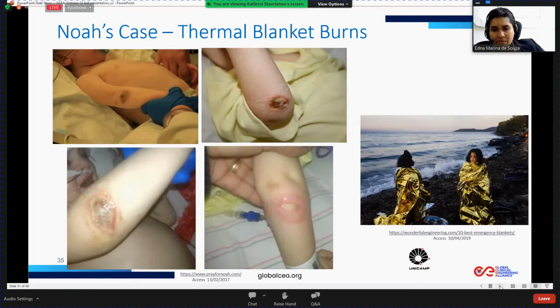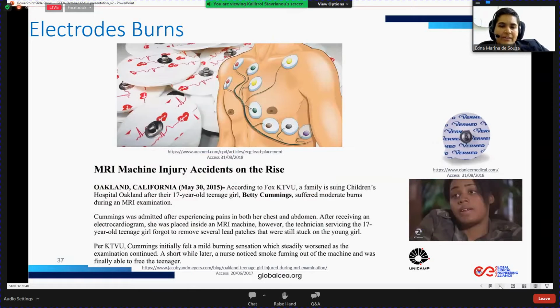This accident could have resulted in many severe burns on his body. Next, please. Another example of a burn in an MRI exam, but here due to chest electrodes forgotten on the patient's chest.